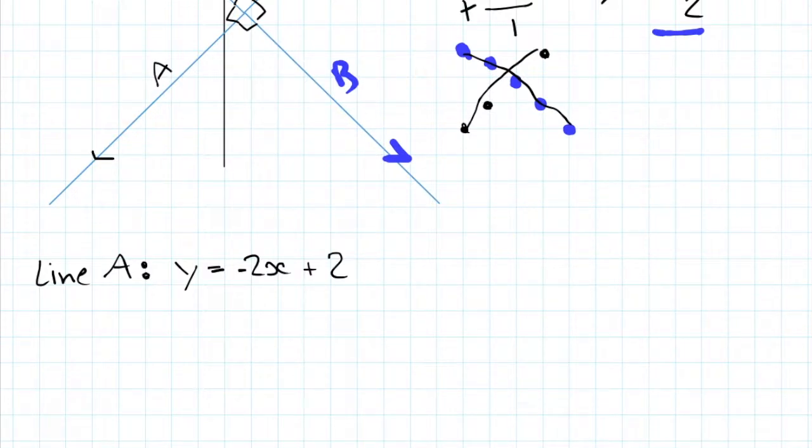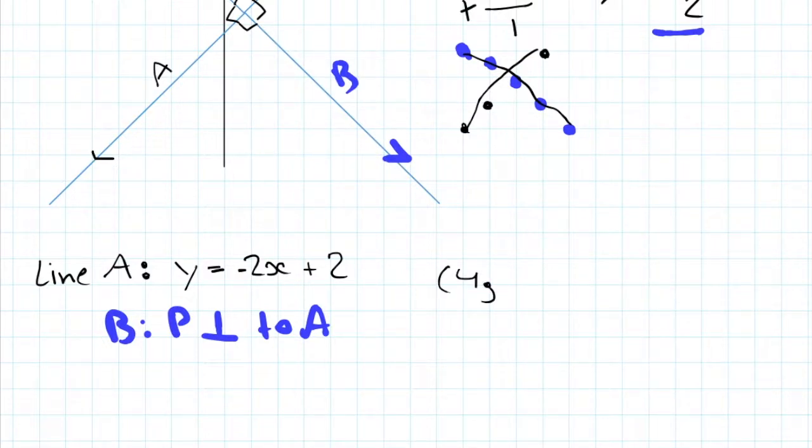Say this is line A. Now, the information I'm given is that line B is perpendicular to A. I also know that line B intersects with line A at the point 4, negative 6.